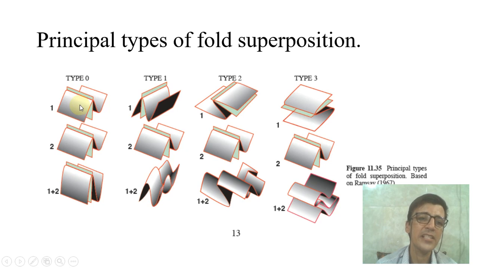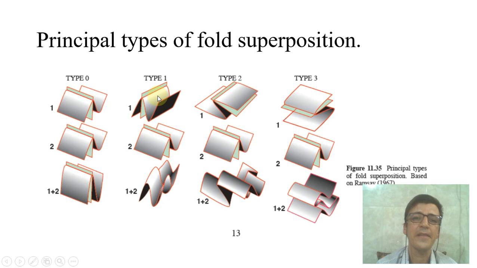If this fault is folded another time in the same direction of pressure, we have a tighter fault. Okay, super easy, super simple.